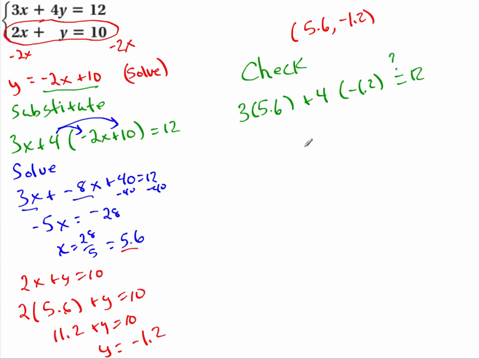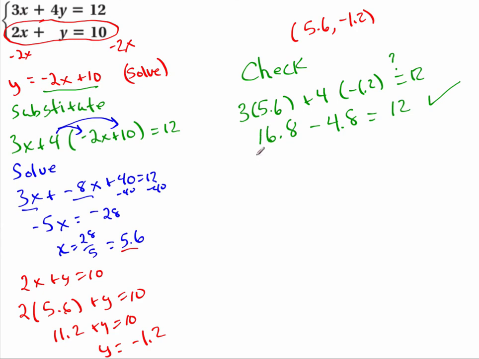I'm going to put a question mark there. So 3 times 5.6 is equal to 16.8. This is going to be minus 4 times 1.2 is 4.8. And when I do the subtraction, indeed I do get 12.